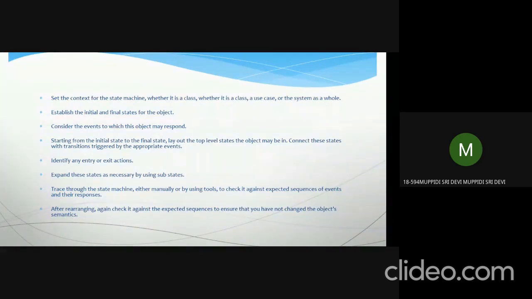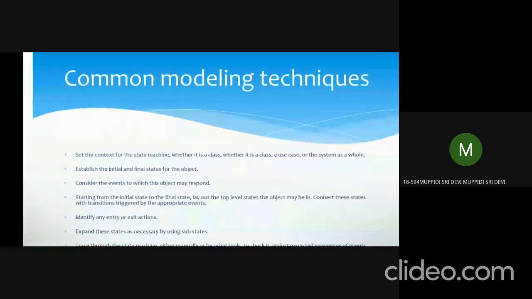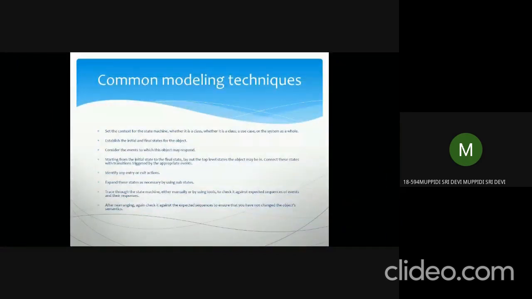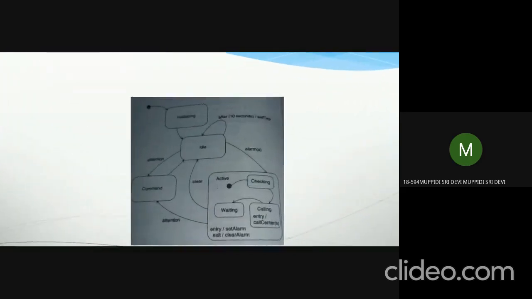We can also identify entry and exit actions in an advanced state. And if necessary, we have to expand the states by using substates like concurrent and sequential. These are the things we have to remember while modeling the lifetime of an object, which is a state machine. Next, this is an example of modeling the lifetime of an object.